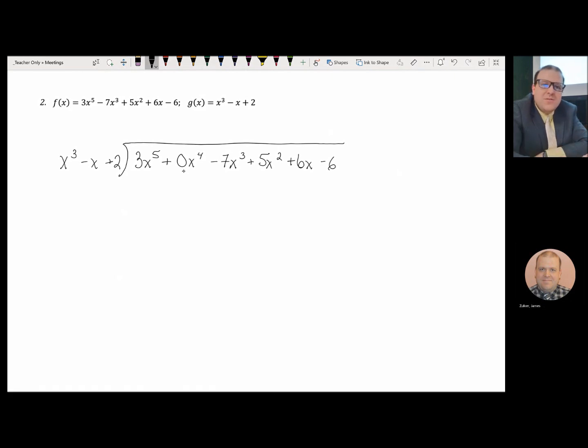So I wrote 0x to the 4th. It may matter, it may not. In this case, I don't think it matters. I probably could have gotten away with not writing it, and it would have been fine.